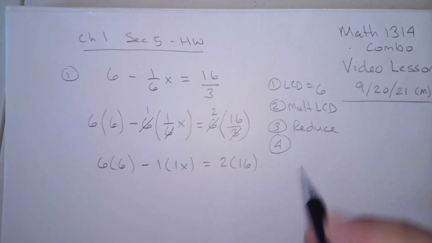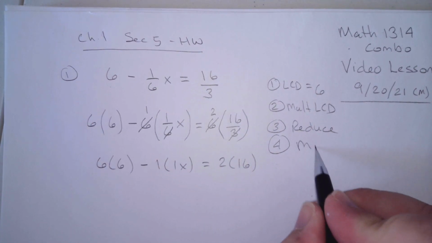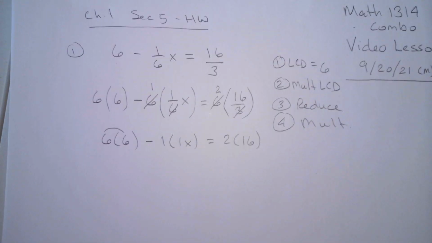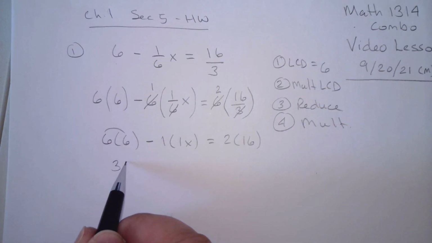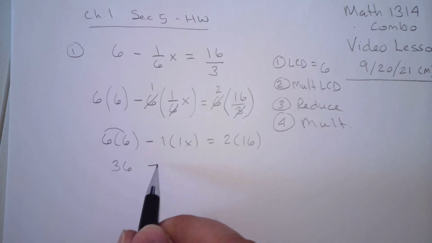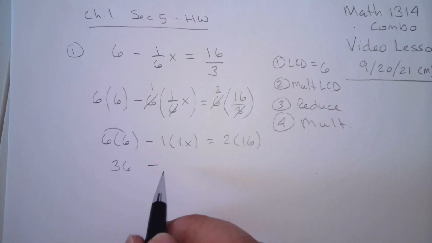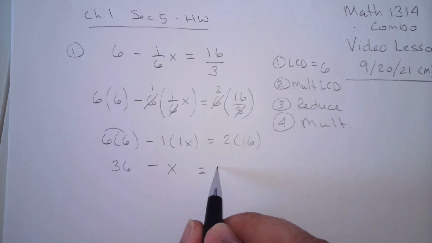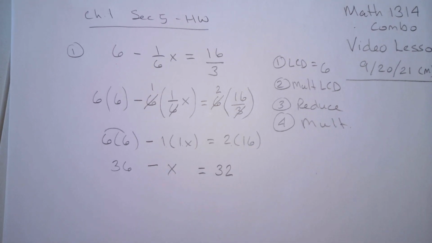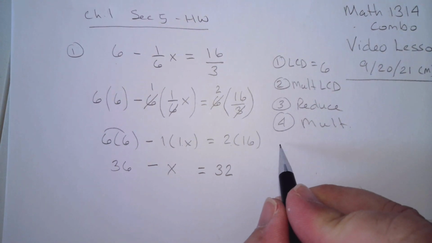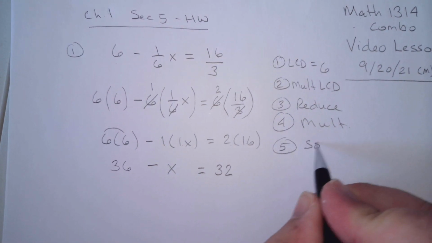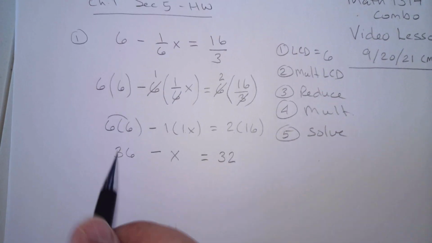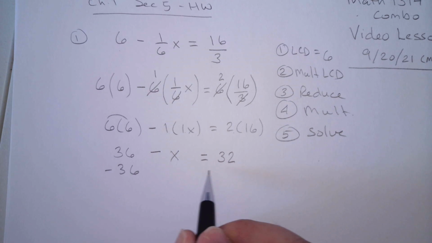Okay, now we have to get rid of the parentheses, so we multiply. 6 times 6 is 36. Minus 1 times 1 is 1 times x is simply x. 2 times 16 is 32. Now we have to solve for our variable. Get the x by itself, so we subtract 36 from both sides.